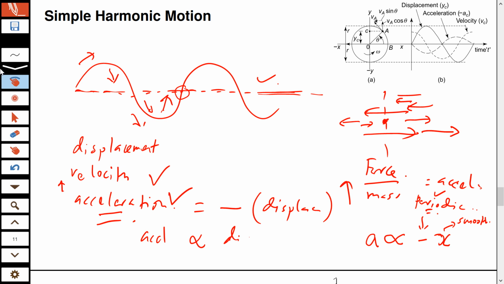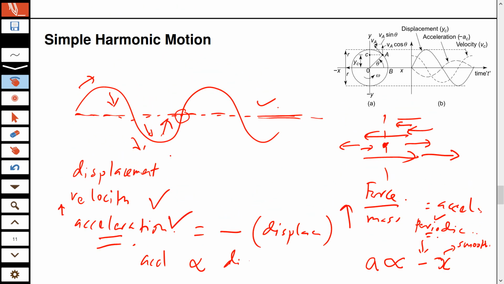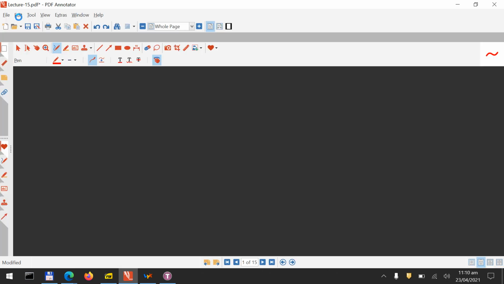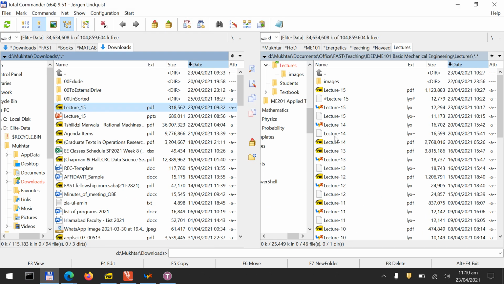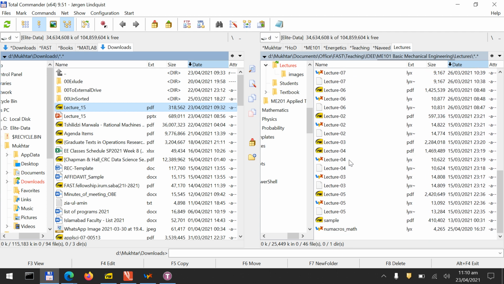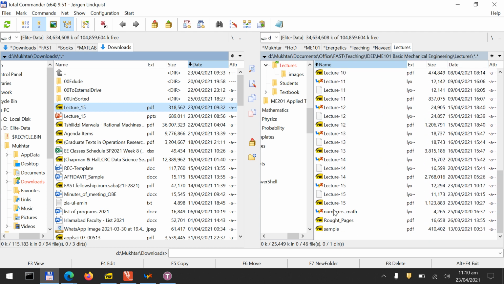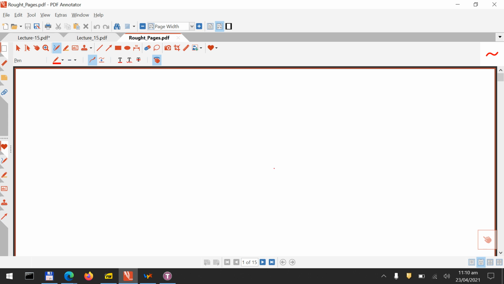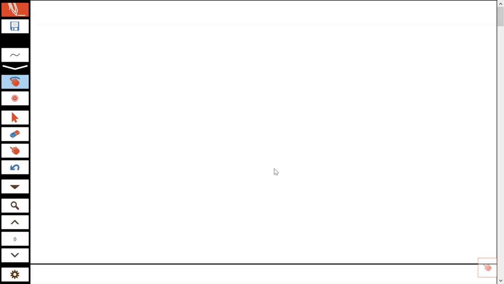अब इसको हमने कैसे कंफर्म करना है? लेट्स कंफर्म दिस फॉर, maybe I need to open a blank page. Rough pages. आपने ये देखा होगा साइन, लेट्स से इफ आई स्टार्ट विद साइन ओमेगा टी, and let's say y equals sine omega t.